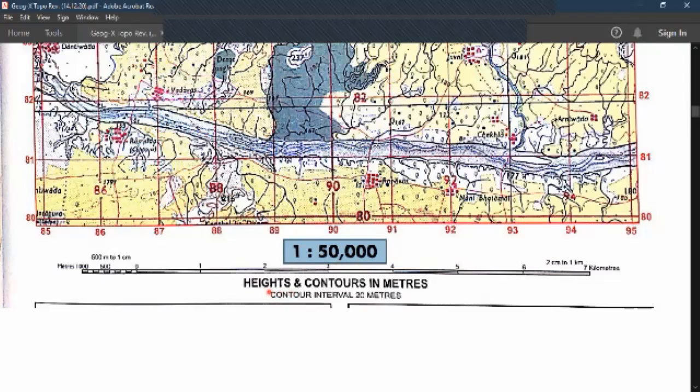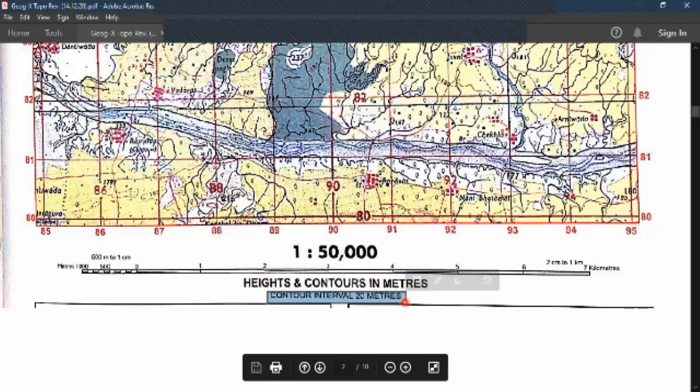Apart from that, a contour interval of 20 meters is also mentioned here.